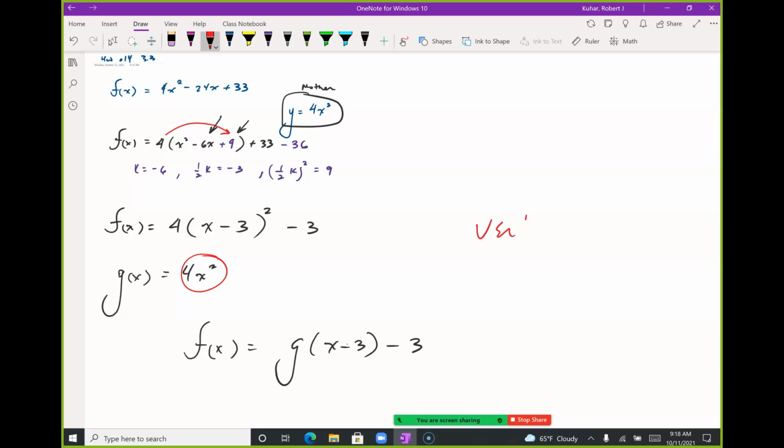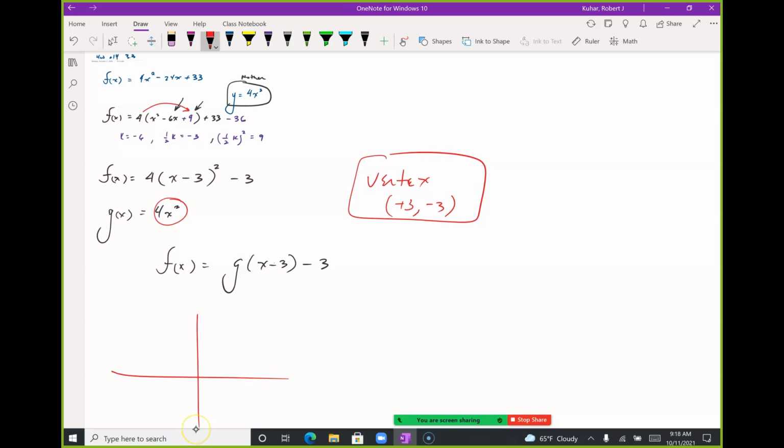So you see I've just replaced the whole mother function with my transformation of it. I would probably like you to say that the vertex is positive 3, negative 3. And the 4, what role does it play in the graph? It's a stretcher. So there's y equals x squared, and then here's g of x. 1, 2, 3, 4.